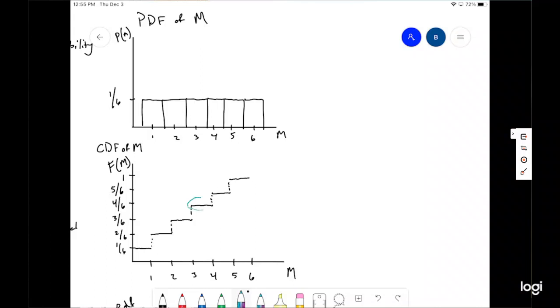This value here, we can draw that over there, should be 4/6, because there are 4 possible outcomes less than or equal to 4: 1, 2, 3, 4. Each of those is associated with a probability of 1/6. We know that from the PDF above. Summing that up, we get 4/6. And then again, we asymptote at 1. So the probability that the roll of a die is less than or equal to 6 is 100%.